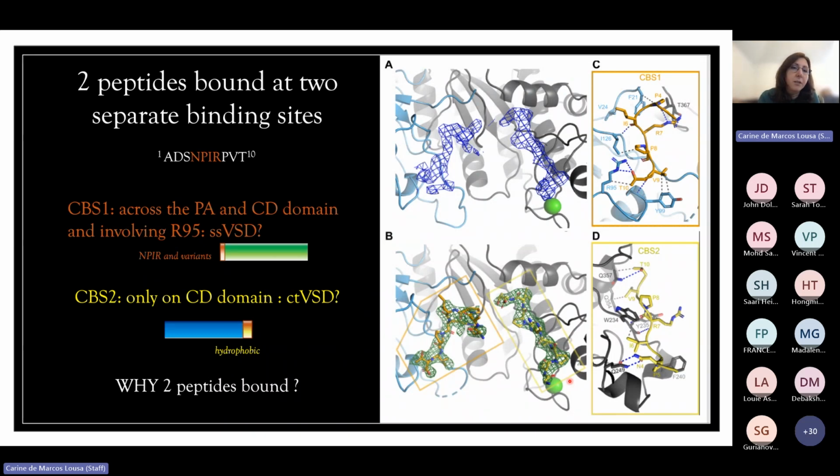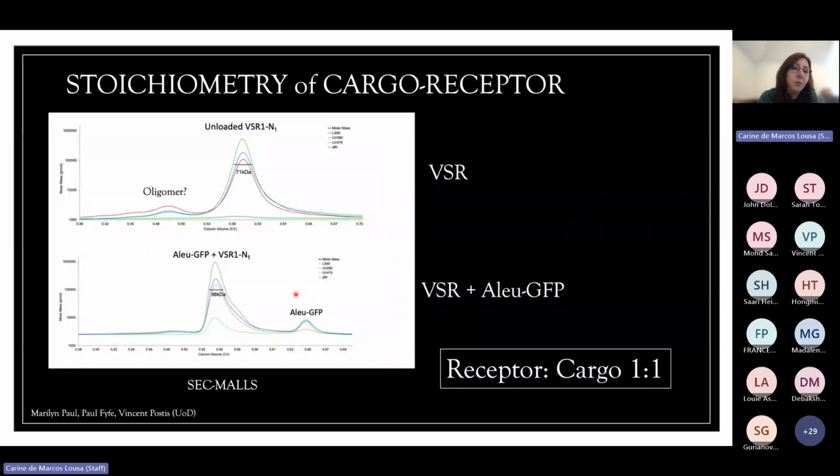And so we looked into trying to understand the stoichiometry of the receptor binding to cargo. We used SEC-MALS in collaboration with the University of Dundee. You can see here that when we have only the vacuolar sorting receptor, we have one nice peak and maybe some oligomers that are not very well identified.